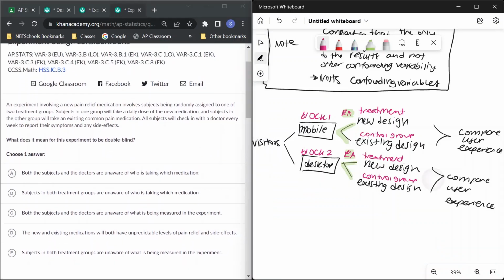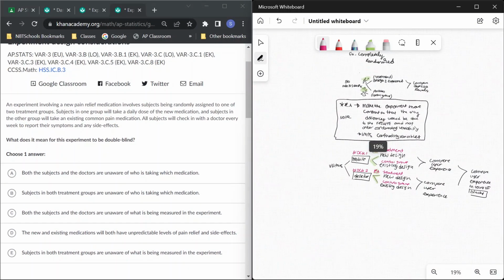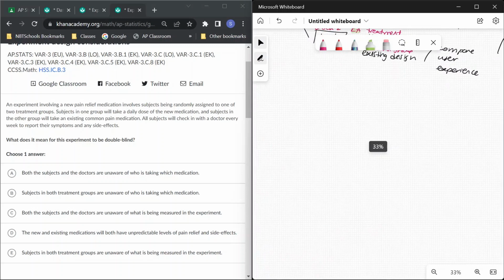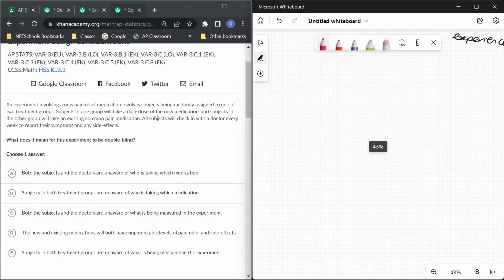So I love this problem. This one was an example of a randomized block. Okay. An experiment involving a new pain relief medication involves subjects being randomly assigned to one of 2 treatment groups.